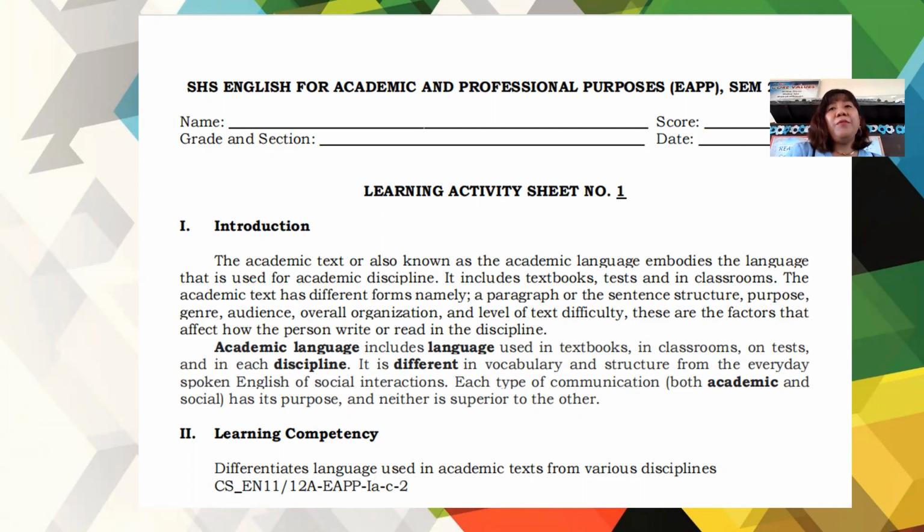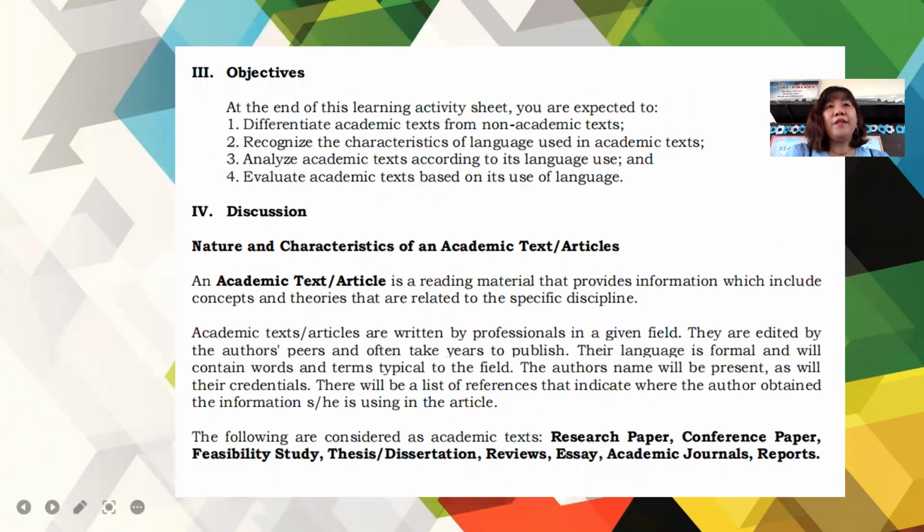It is different in vocabulary and structure from the everyday spoken English of social interactions, and each type of communication, both academic and social, has its purpose, and neither is superior to the other. The academic language is a kind of language that is used in our academic text, and it is formal and very well structured.